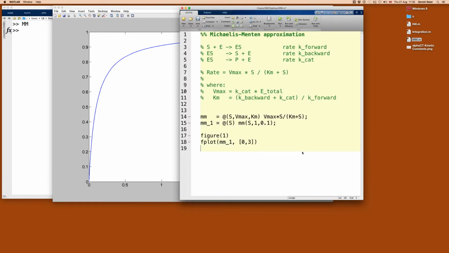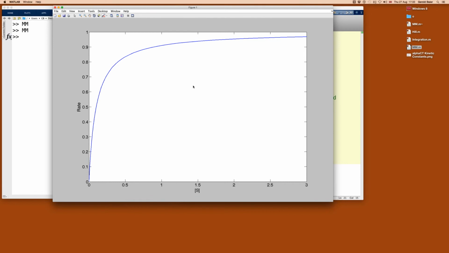So I'm going to add in some labels just to make this even clearer. We want the substrate concentration, and the Y label is the rate. If I just run this, okay.